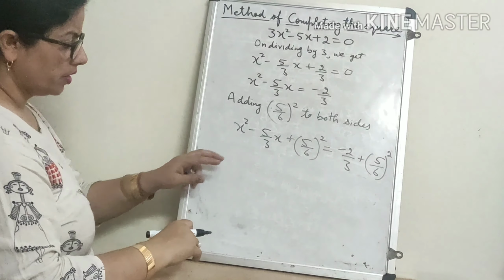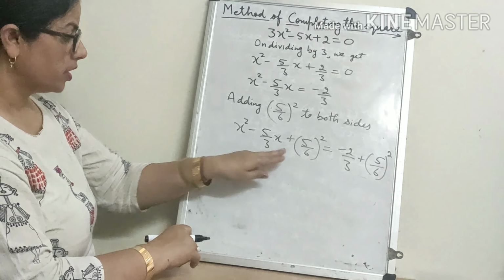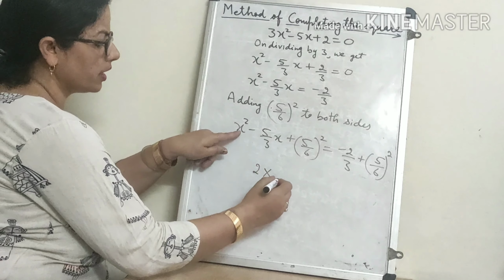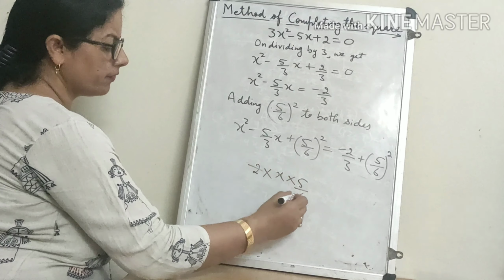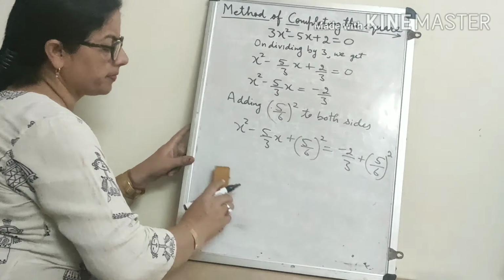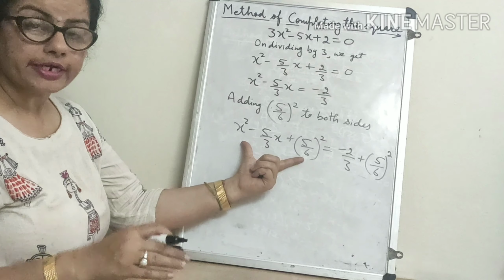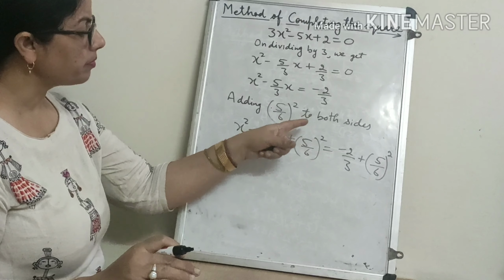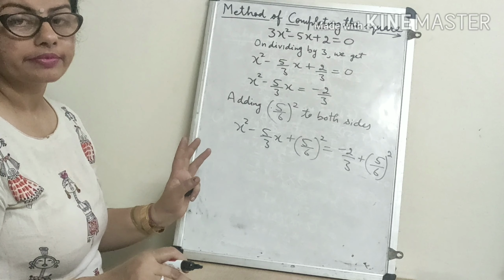Now see, this is our a square, this is our b square, and this is our 2ab. See how? 2 into a means x and b means 5 by 6. And if you solve, you will get 5 by 3 x. So no need to check whether it is becoming a whole square or not. It will be a whole square, because we have chosen b such that it will become 2ab automatically.